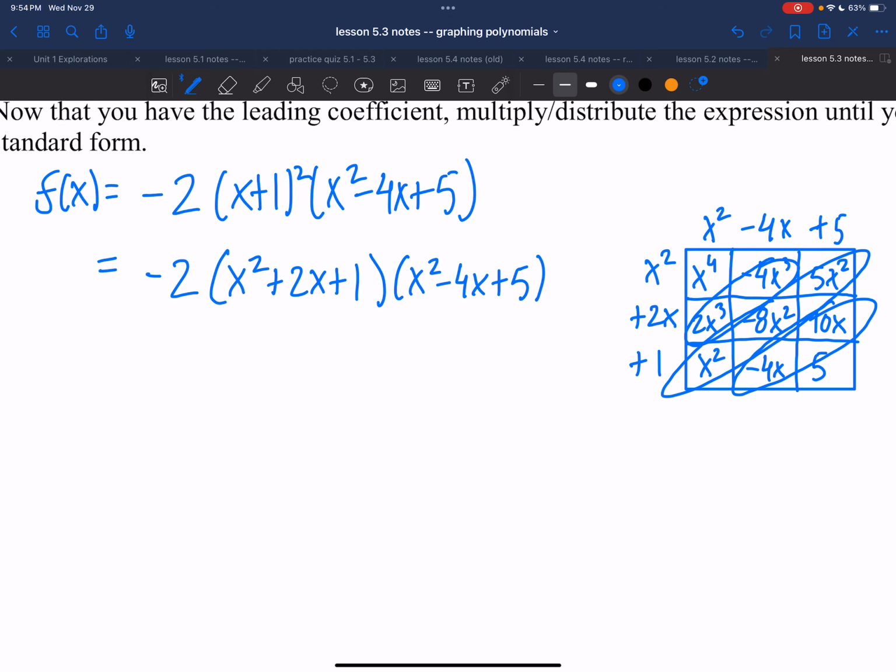So what I'll end up here with is -2 times x to the 4th. 2x cubed minus 4x cubed is -2x cubed. x squared minus 8x squared is -7, plus 5 is -2x squared. And then -4 plus 10 is 6, so that's 6x plus 5.